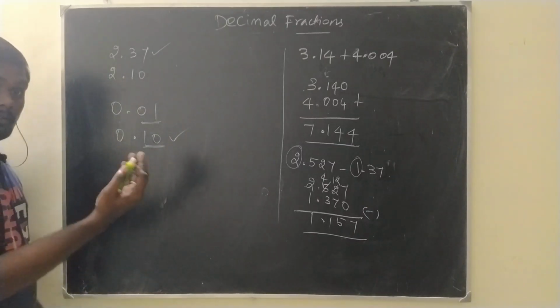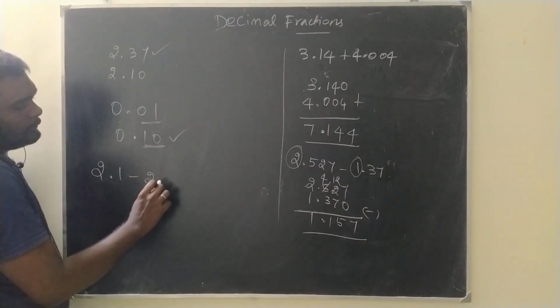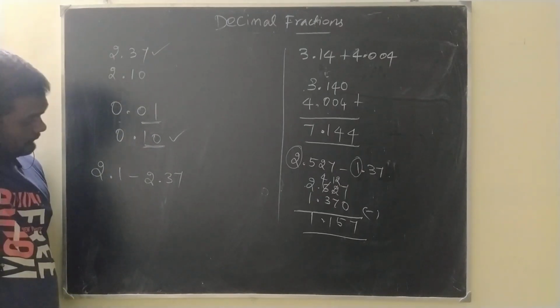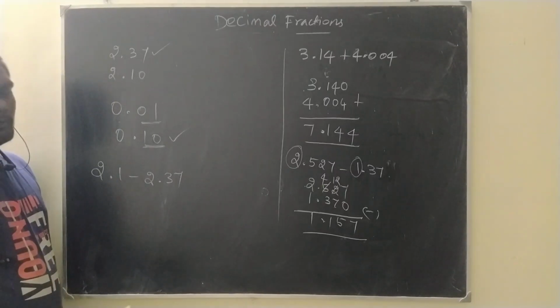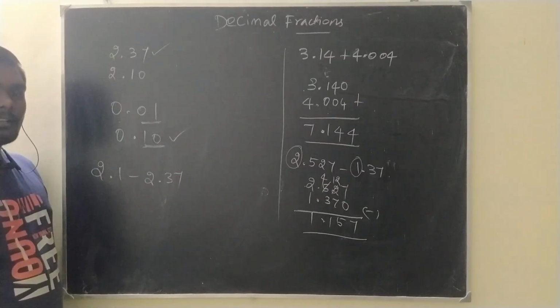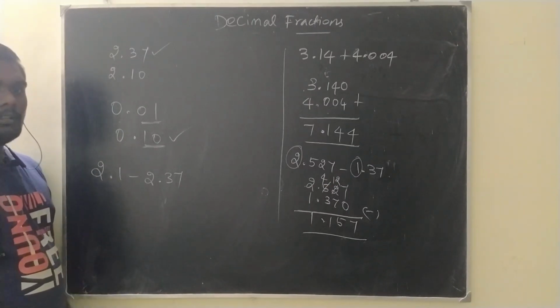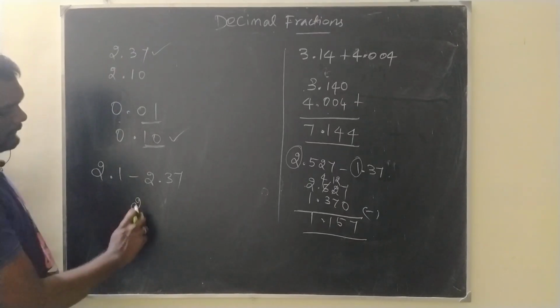Now, the subtraction. 2.1 minus 2.37. Which is greater? 2.37. So, when the numbers have different signs, we should subtract the smaller one from the bigger one and put the bigger number's sign.